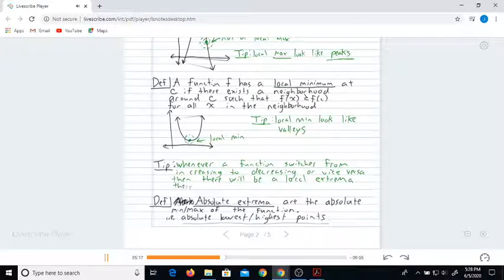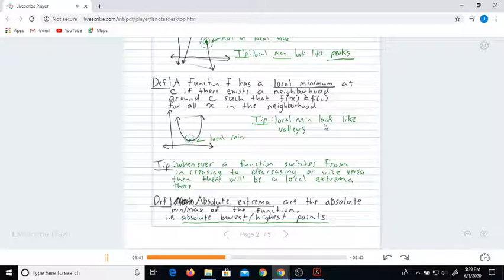If it switches from increasing to decreasing, you'll have a local maximum. If it switches from decreasing to increasing, then you'll have a local minimum. And then your absolute extrema, those are points that are the absolute highest or absolute lowest. So not all local extrema are absolute extrema, but some of them are.